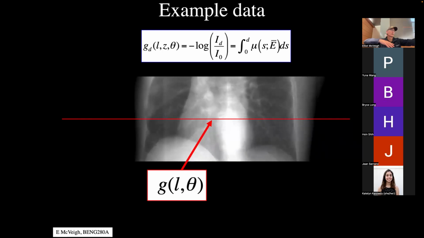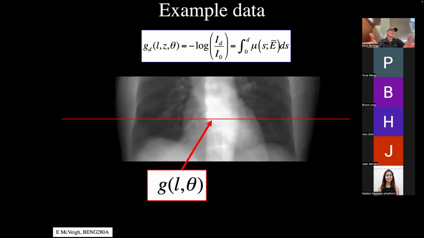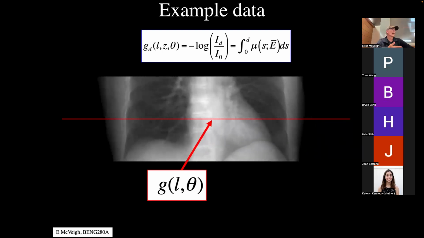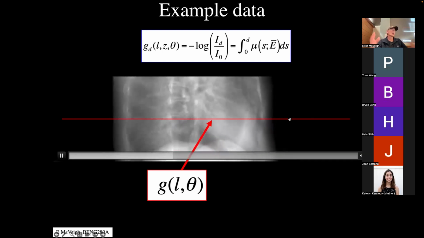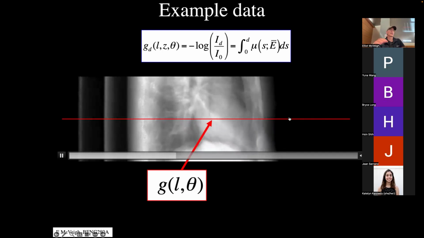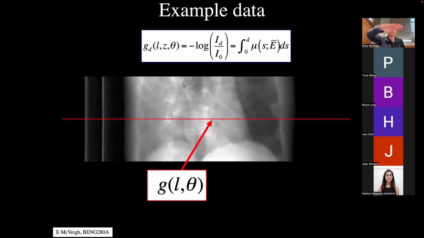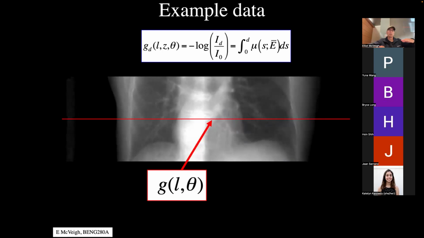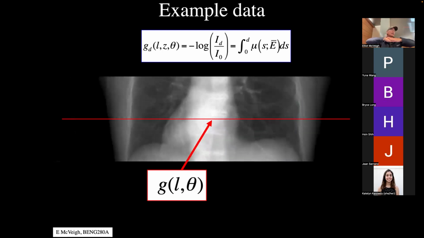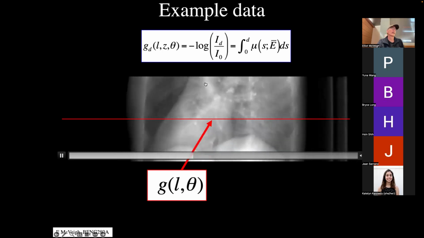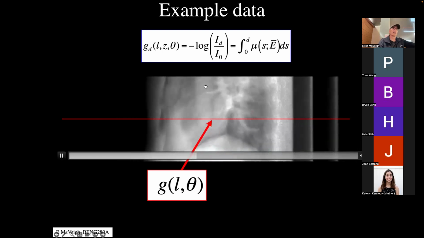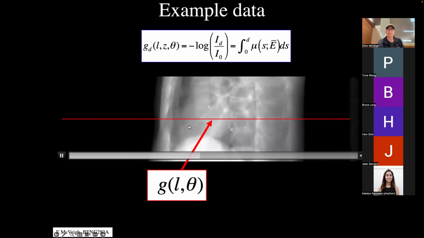And this gets back to your question. These are like the chest x-rays. And now I'm going to take one line of data here, right? And I've got all these chest x-rays of the spinning patient. I'm going to take one line of data. And those will be my G of L, theta for that plane. So I have that for many lines, but I'm going to ignore those other lines, right? And we're just going to look at one. Okay.